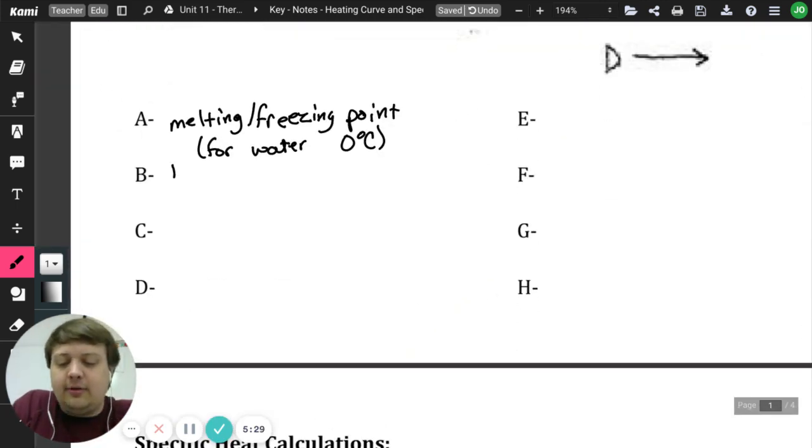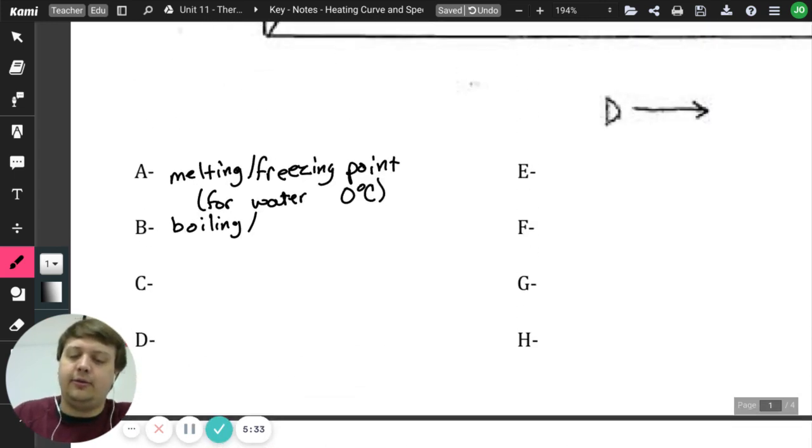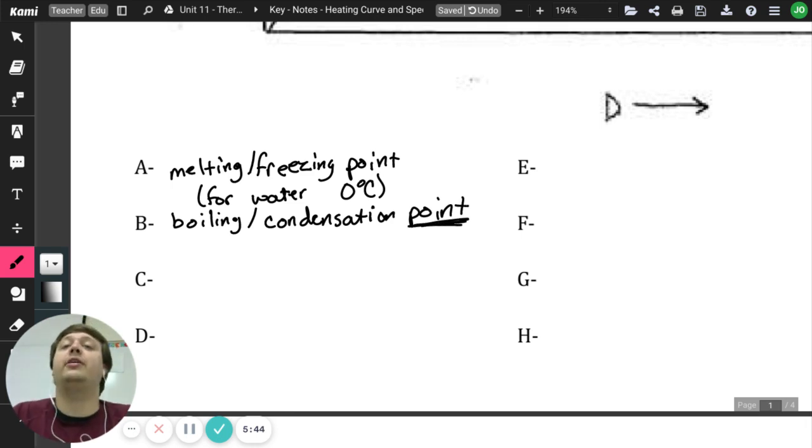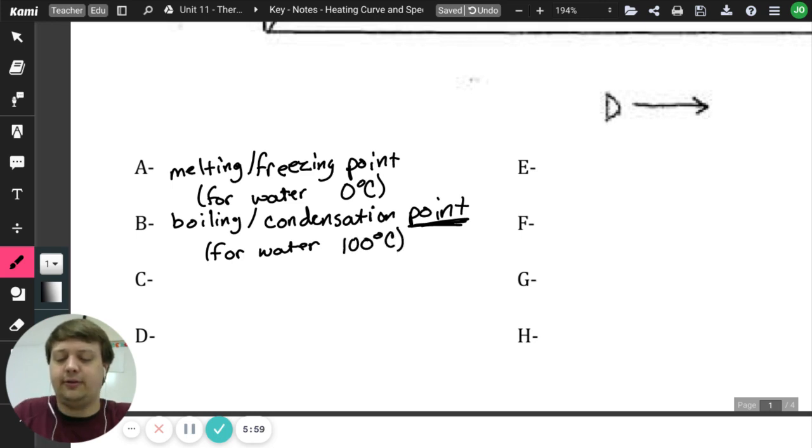So B is boiling and condensation point. And again, remember that it is a point, which means it is representing that single temperature that we're referring to, where we see that phase change start to occur. And for boiling and condensation for water, that's going to be 100 degrees Celsius.